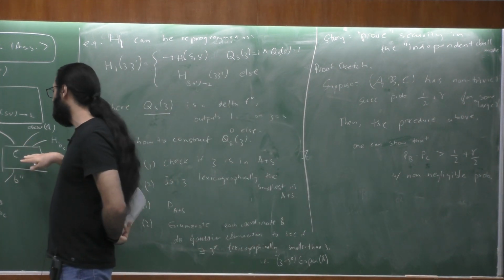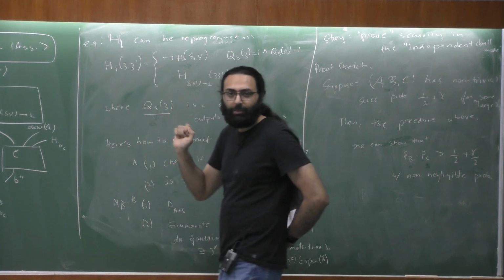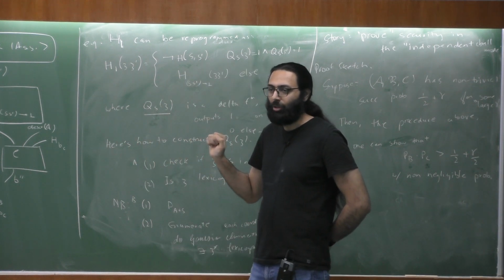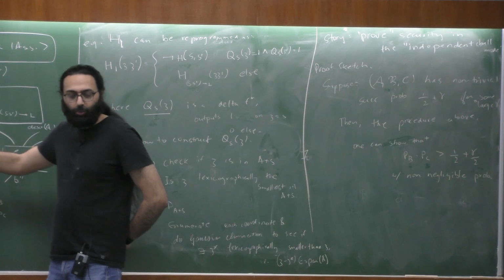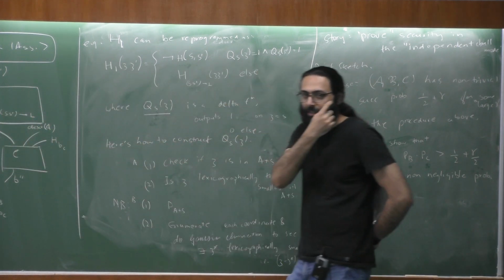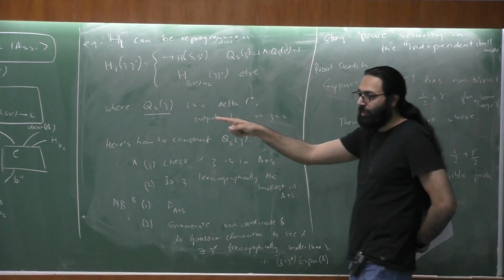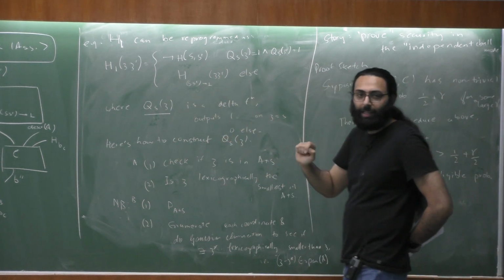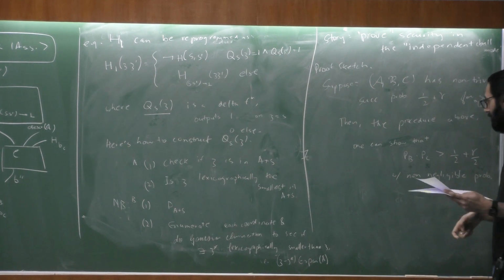So the high level idea is that at least one of them has to be querying the random oracle at SS prime. That's the bottom line. Because you want the product of both success probabilities to be greater than half plus negligible, right? So it has to be that at least one of them has queried the random oracle at SS prime. That's what they're trying to formalize.